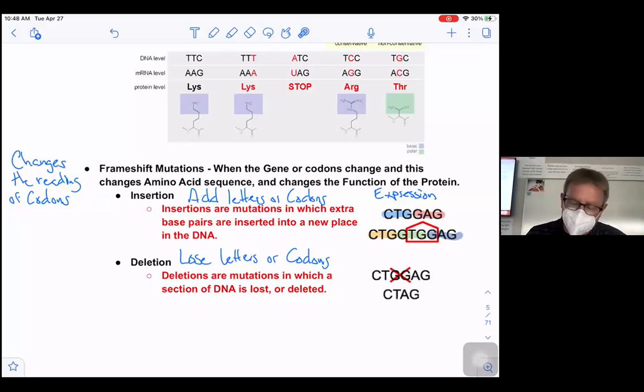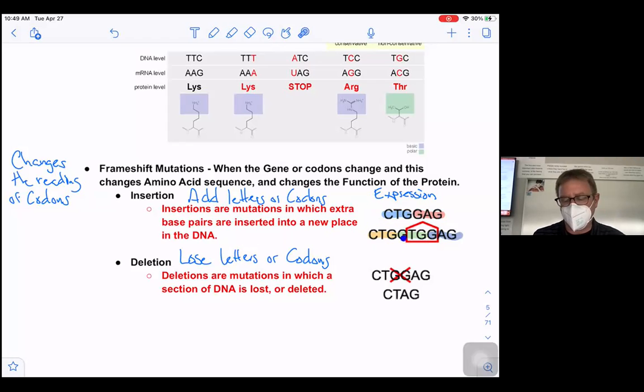So as you can see in a quick example here with the insertion, if this is our original strain of DNA, CTG-GAG, and we insert a whole new codon of TGG, when we read the new sequence to make new codons, we get the first codon of CTG, which is the first one.